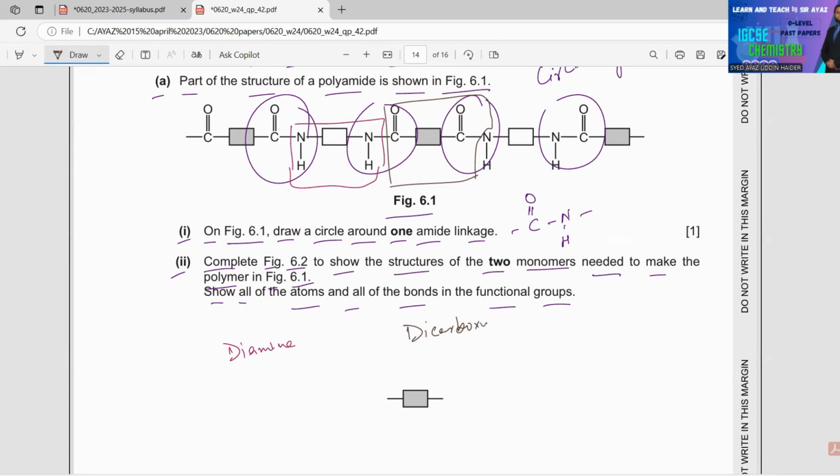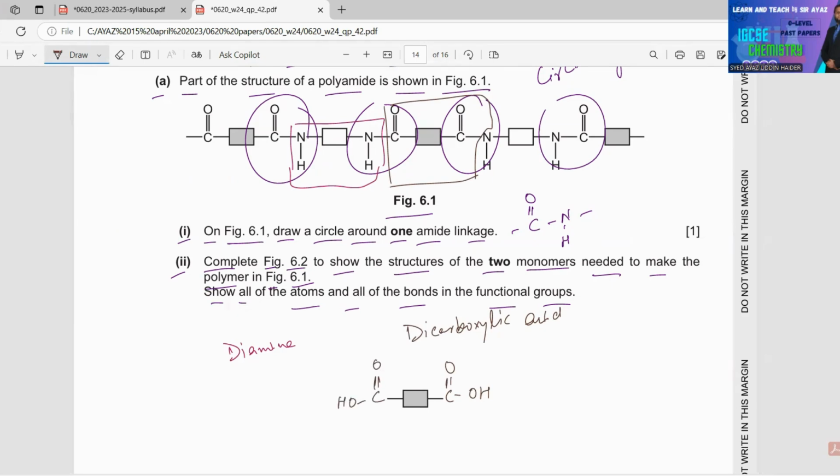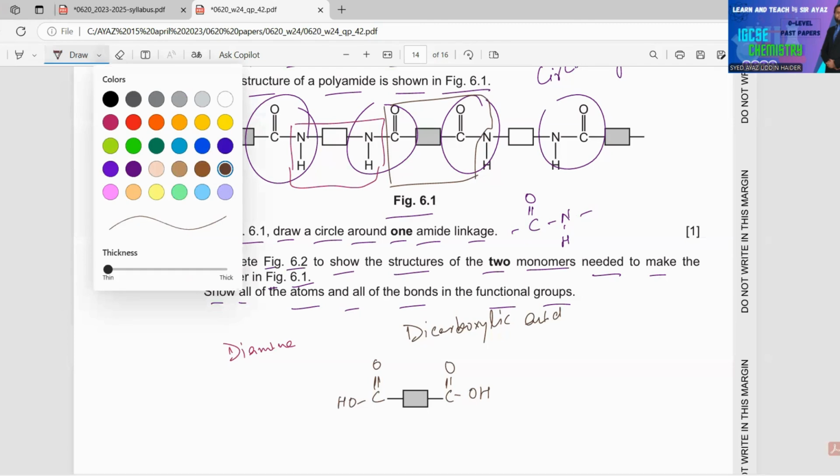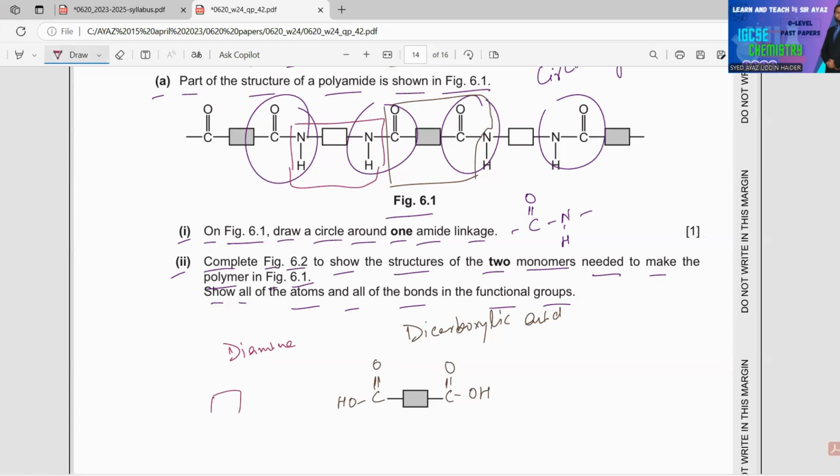Dicarboxylic acid. So here I'm going to show that C double bond O, OH. This will be dicarboxylic acid. And for diamine, need to show an H2.